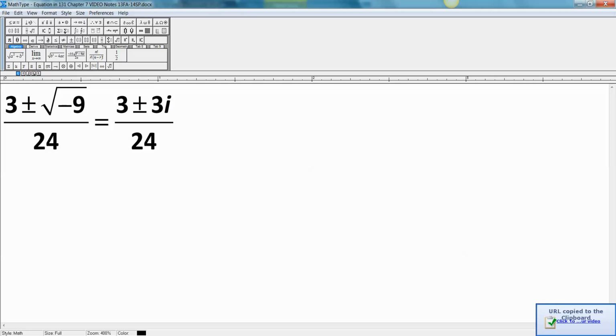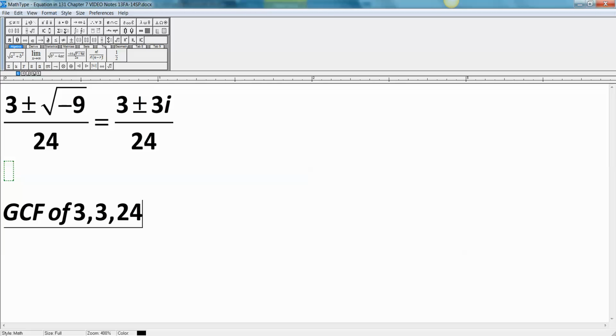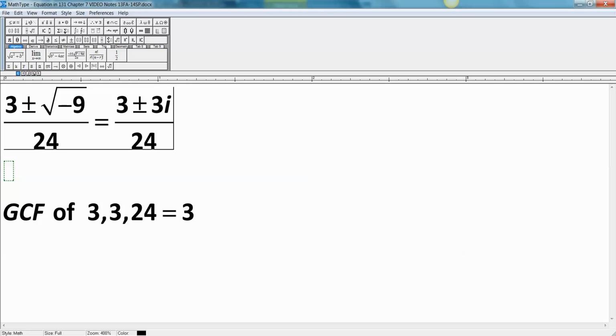You have to look at this problem and think to yourself, okay, is there a GCF of 3, 3, and 24? Well, of course there is. It's 3, right? 3 goes into all of those. So you have to think of that number, and then you have to divide it into all these problems.